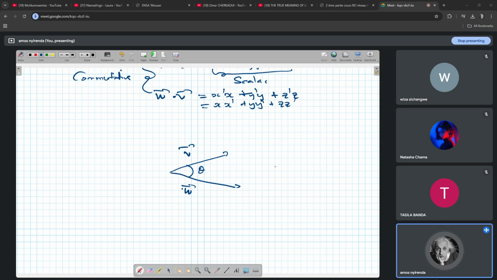So if I want to calculate the dot product, v dot w is basically going to be equal to the magnitude of the vector v, la norme de v, multiplied by norme de w, which is the norm or the magnitude of the vector w, like so. And then I take cosine. Now let me just allow myself to write on a bigger space.